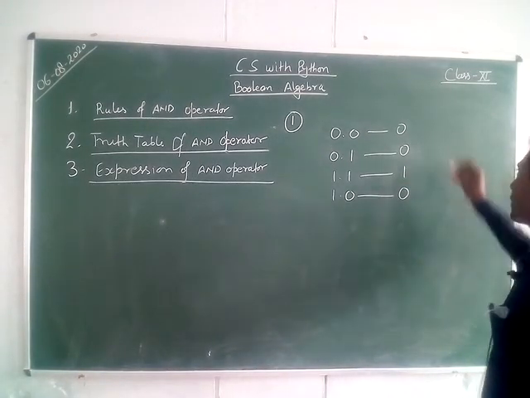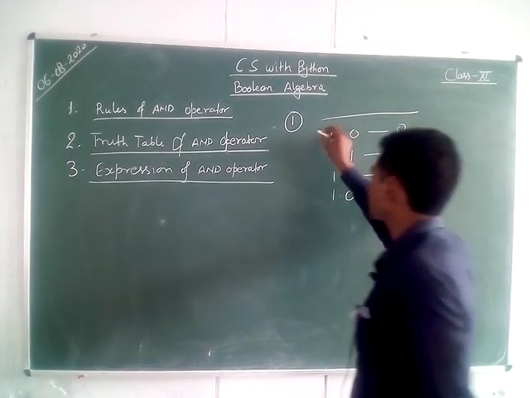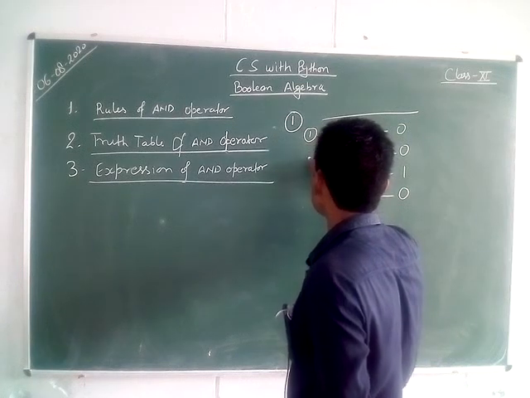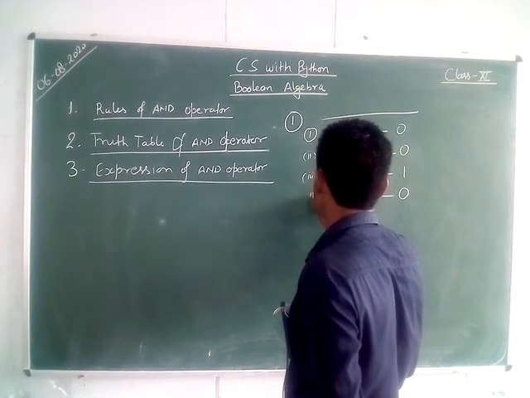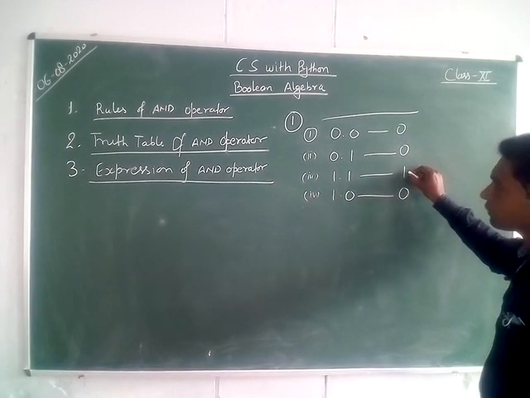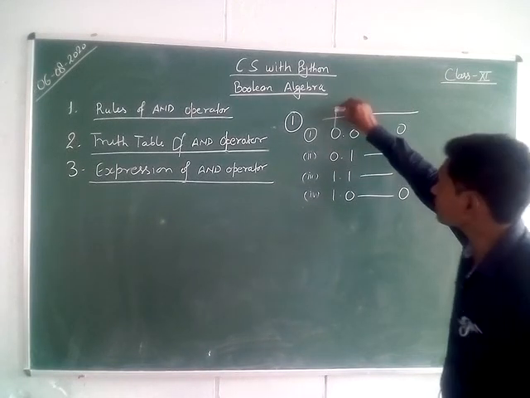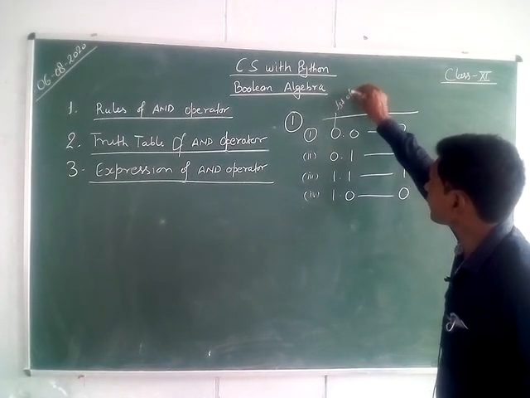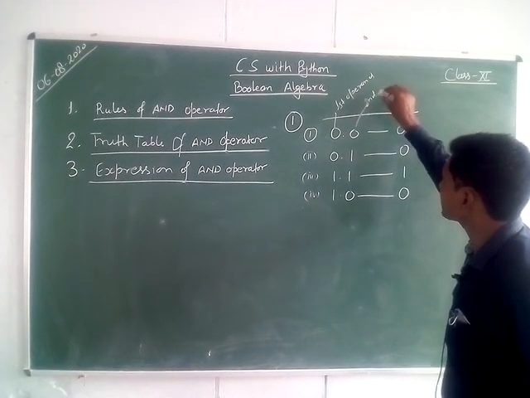Here AND is a logical operator and it is defined like this. It means it has four rules: first, second, third and fourth. It gives result 1 if both operands are 1. Here this is the first operand and this is the second operand.